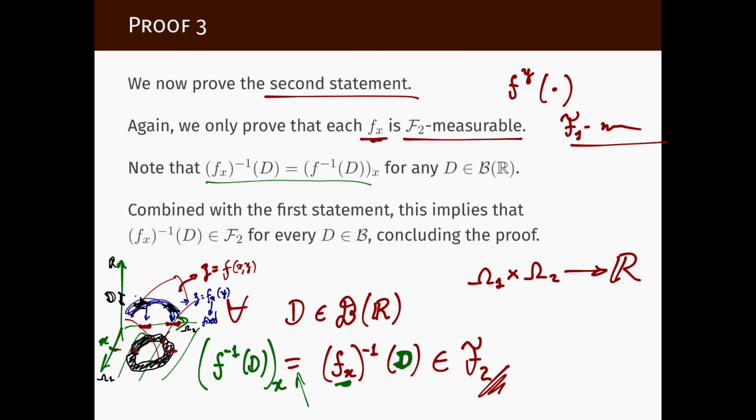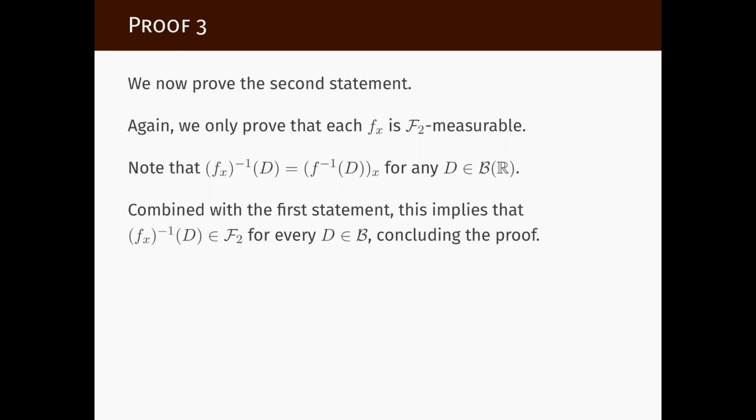And now that we have this equality, we can combine this with the first statement of the lemma. The second statement is not simpler than the first, but its proof is simpler if we use the first statement, because we have just seen that the section of a measurable set is measurable. And why is this a measurable set? Well, because we assumed that f is measurable.